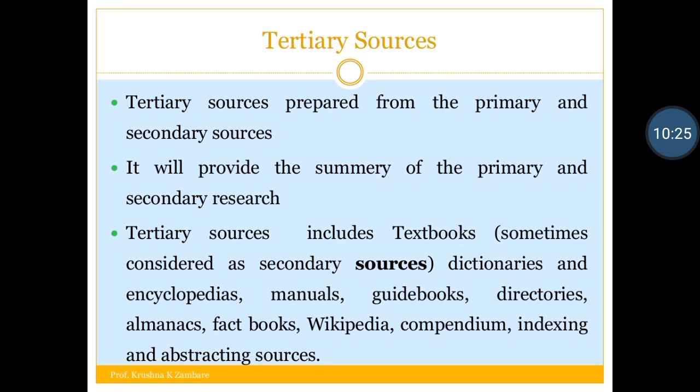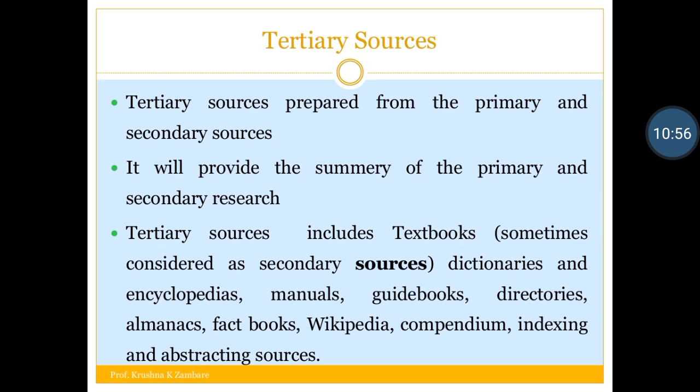They provide a summary of the primary and secondary research, meaning how much research has been collected is given when you go to the tertiary sources. Tertiary sources include textbooks, sometimes considered as secondary ones. We already know that textbooks are considered secondary sources. They contain very concise, very important information, but very little of it.